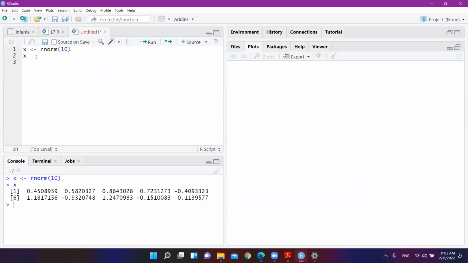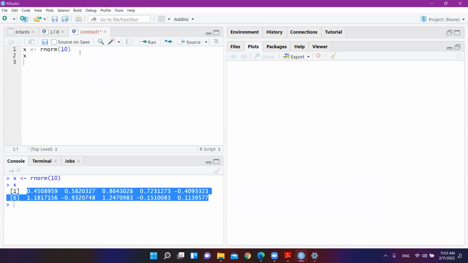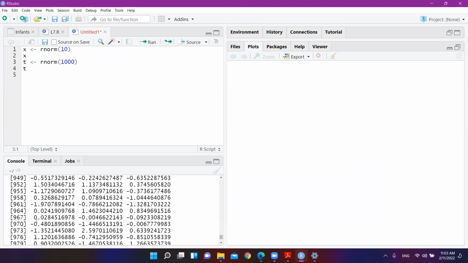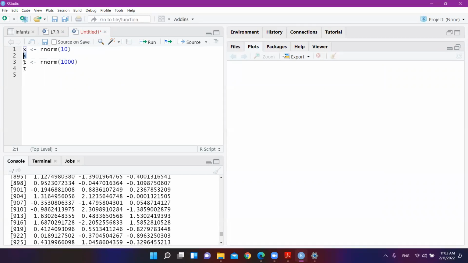Here, from the normal distribution, I got 10 values. Don't worry. From the standard normal, here I'm getting 1,000 values. Now I have two samples, X and T, right?